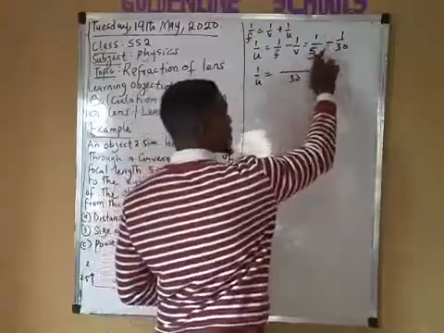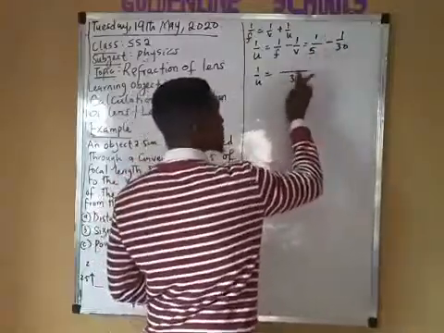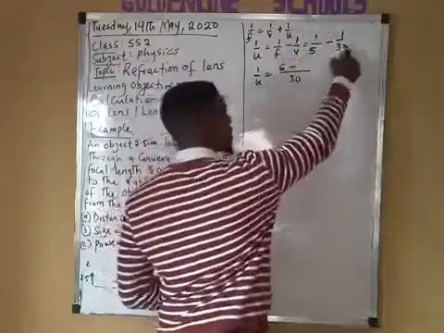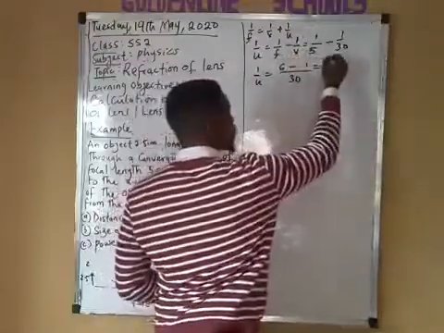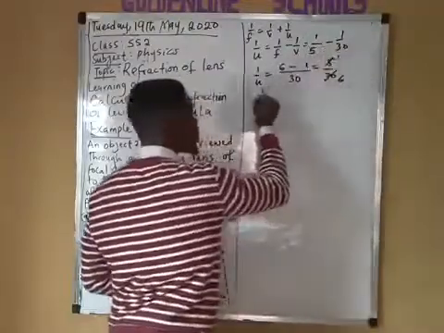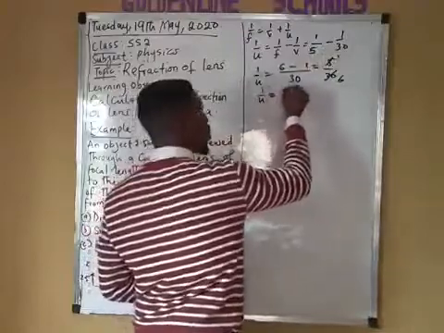The LCM of 5 and 30 is 30. So 30 going into 5 gives 6, times 1 is 6, minus 30 going into 30 is 1, times 1 is 1. So you have 5 over 30. Dividing by 5, you have 1 over U equals 1 over 6.